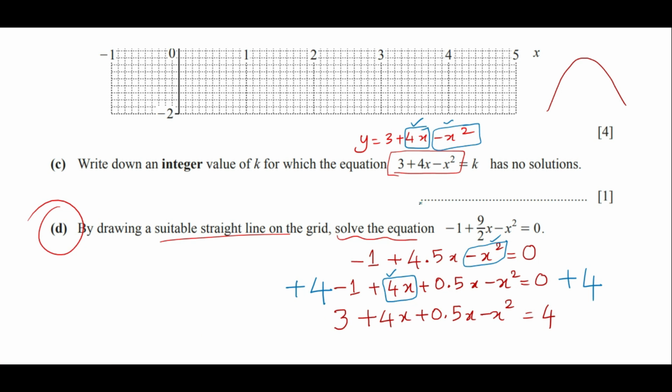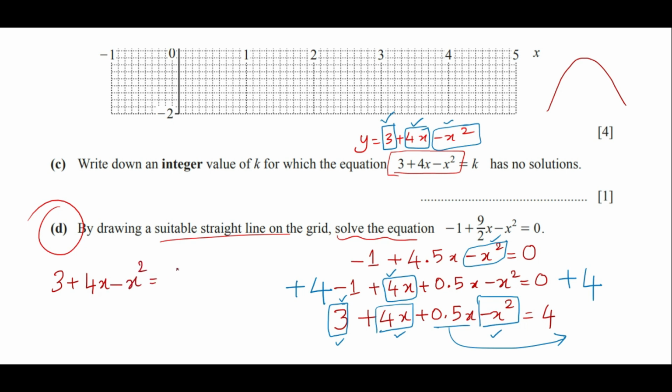Now you can see that I have all the terms which are actually present in my original function equation, the parabola that I have drawn. So I just keep them on the left hand side. It's the same thing, all the three terms, I keep them here and switch all the remaining terms to the other side. So finally I will get 3 plus 4x minus x squared is equal to 4 minus 0.5x.